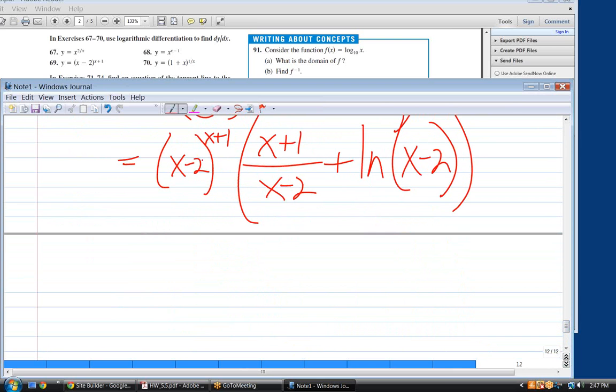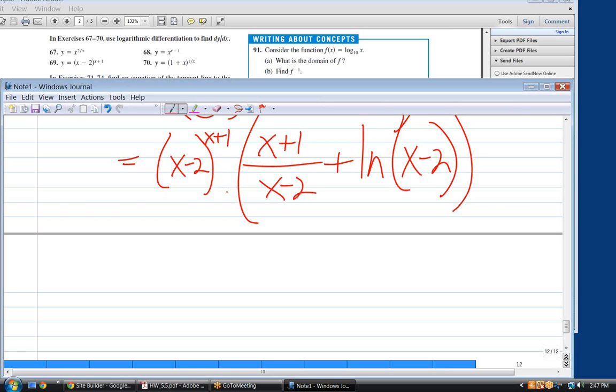Because I'd have x minus 2 to the x plus 1 divided by x minus 2 to the 1. That's x minus 2 to the x. But then I would have to have it as the coefficient of this all over here. Or would I? In other words, I have a common base.